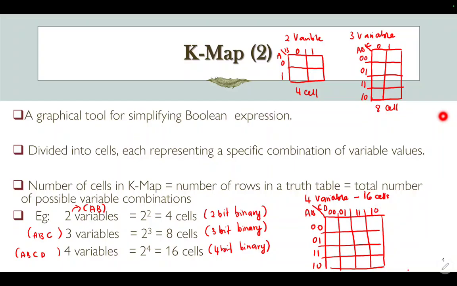So this one 16 cells. For 2-bit binary, you measure number 0 until number 3. For 3-bit binary, you measure number 0 until number 7. For 4-bit binary, you measure from number 0 until number 15.